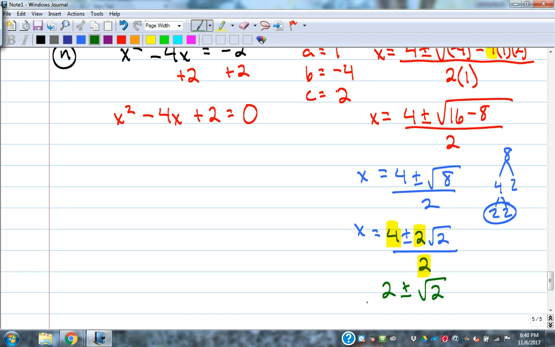And then on the bottom, 2 divided by 2 is 1. So technically this is over 1, but you don't ever write that. You just leave it there. And there you have found your 2 solutions to that quadratic using the quadratic formula instead of factoring. Factoring would not even work for this one. Quadratic formula was your only option. Well, not your only option, but your best option.